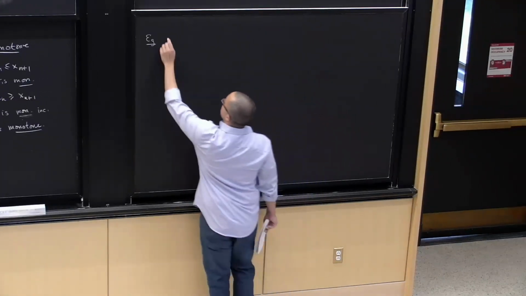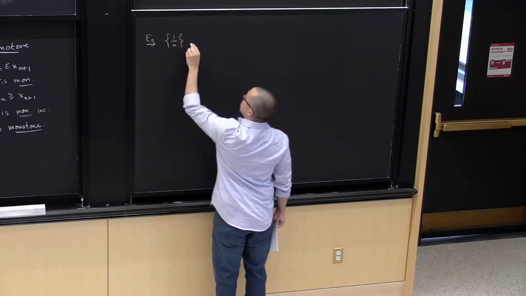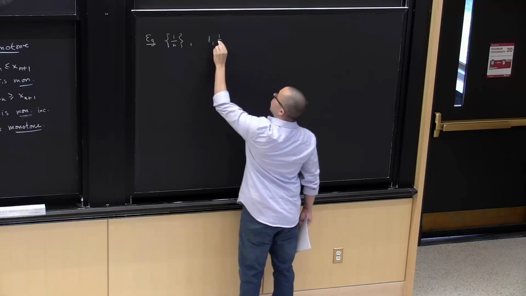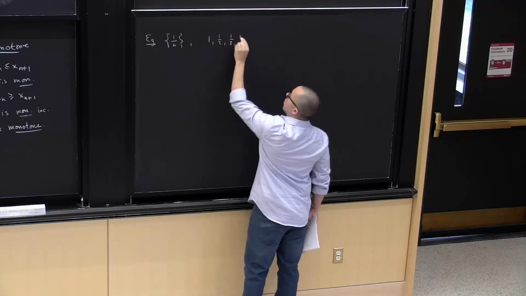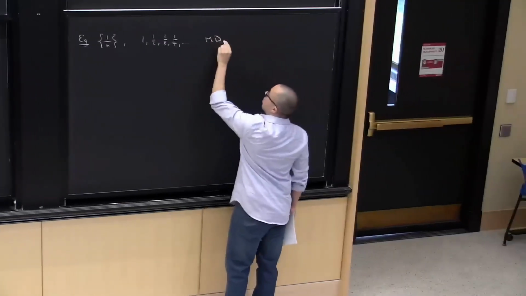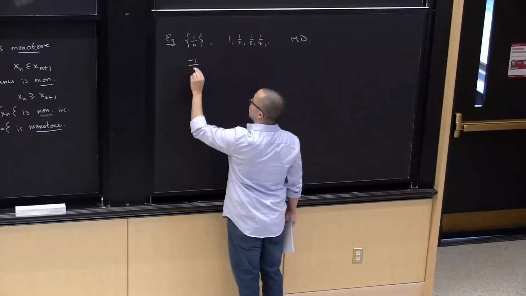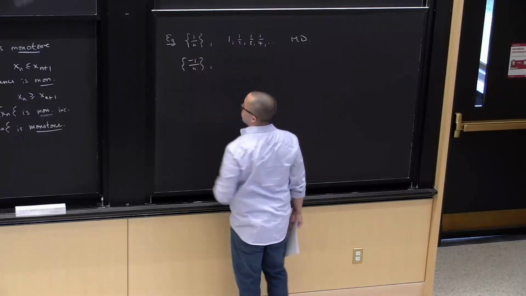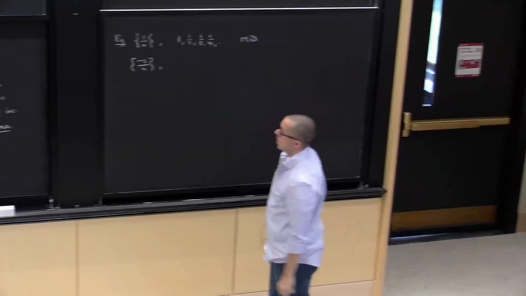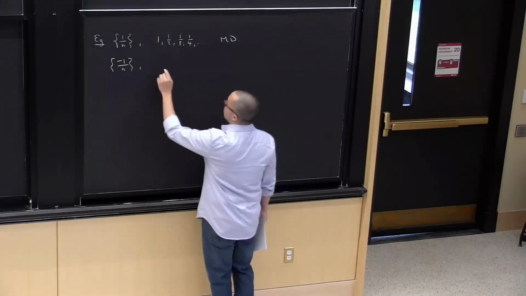So 1 over n, so this is just 1, 1/2, 1/3, 1/4. This is monotone decreasing. And if I take minus this sequence, then that reverses basically all of the inequalities, and I get a monotone increasing one.